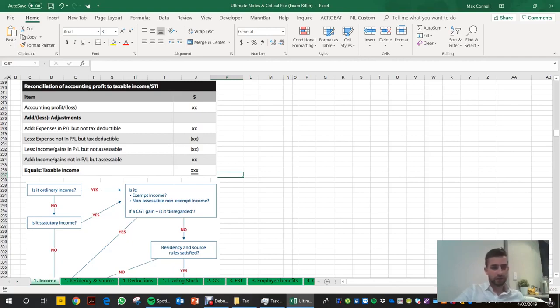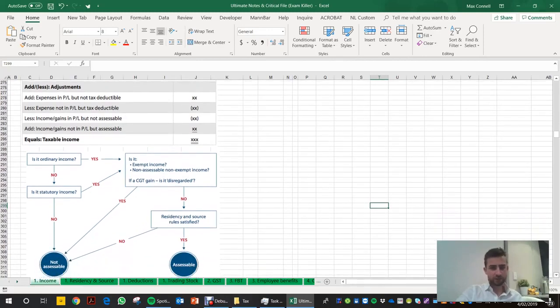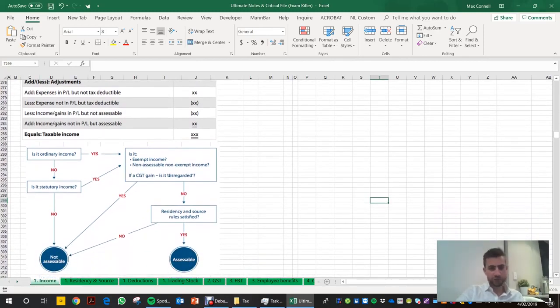You do the same for income as well in the reverse order, but the concept is quite simple. It's just how do you get from your accounting profit, following all the tax rules that are different from accounting to tax, to your taxable income, which you report in your tax return. Most companies do that because most companies start off with their accounting and then have to lodge a tax return.